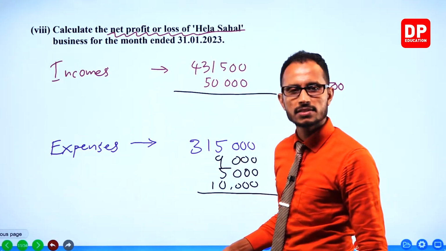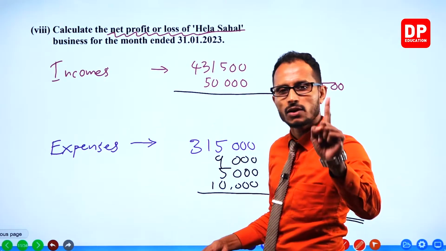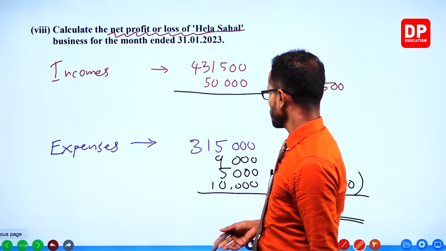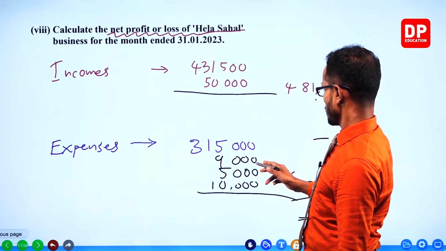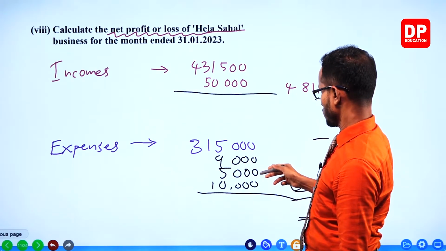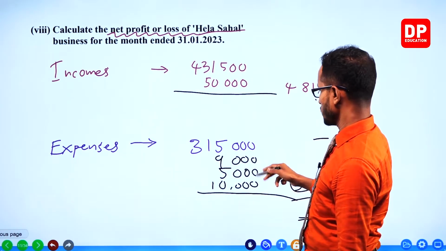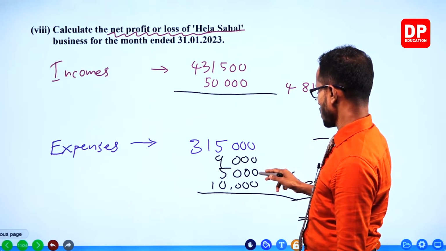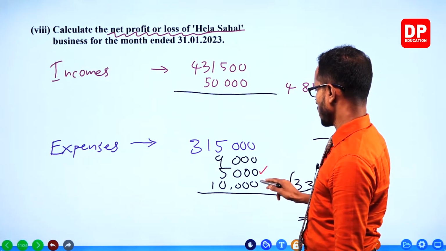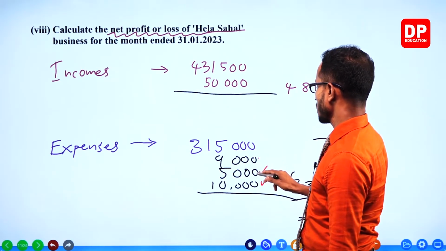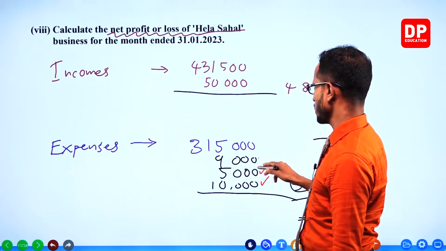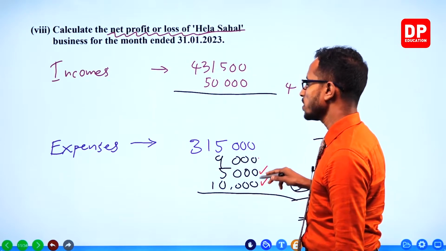Accrued means liabilities. Short term liabilities, accrued expenses. Out of these 3, which ones are those? This one and this one. Accrued loan interest, accrued building rent.